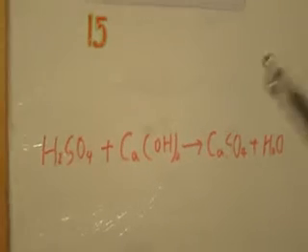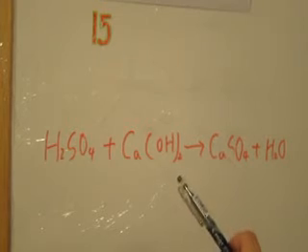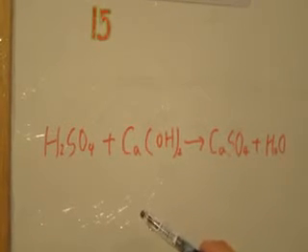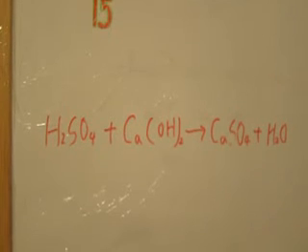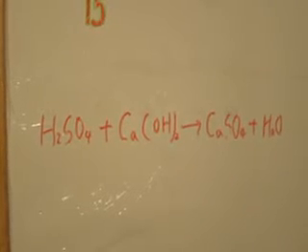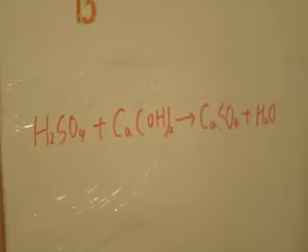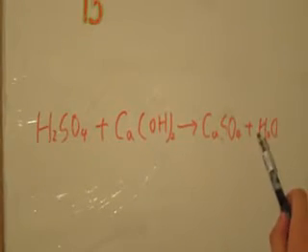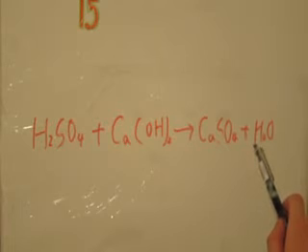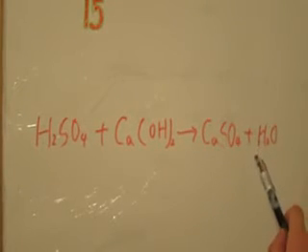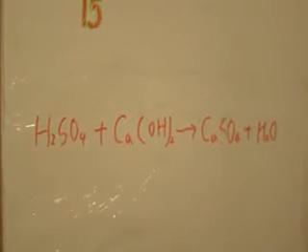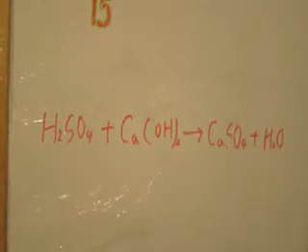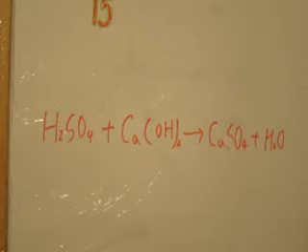By adding calcium hydroxide to the soil, the calcium hydroxide and the sulfuric acid will undergo a neutralization reaction, producing calcium sulfate and water. Because the products of this reaction are calcium sulfate and water, the pH value of the soil will increase. Soil acidification can be relieved.